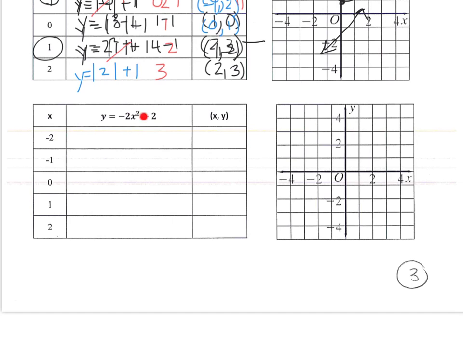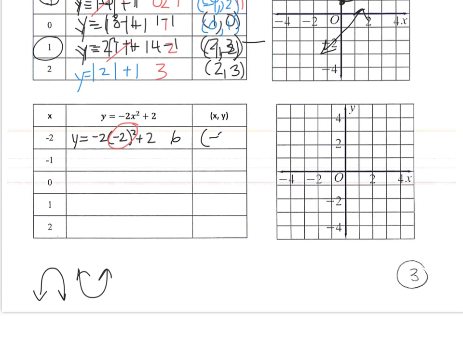And then the next one has an x squared, so it's going to be either a down or up parabola. So you plug in -2, put -2 in parentheses. Now, when you do this part, -2 squared is +4. 4 times -2 is -8. -8 plus 2 is 6.